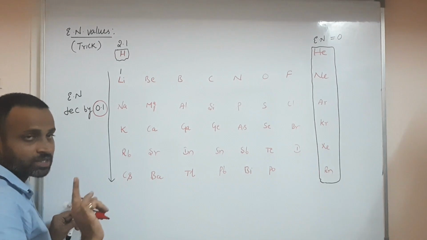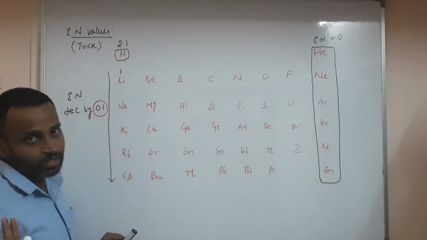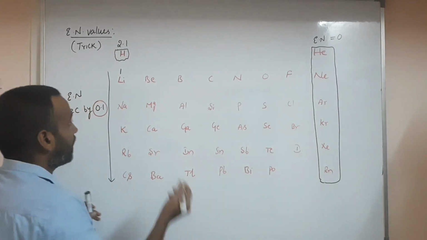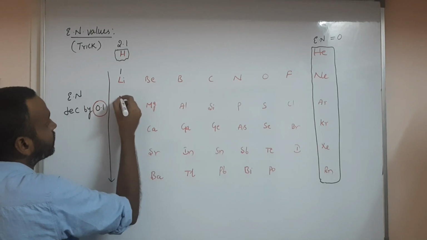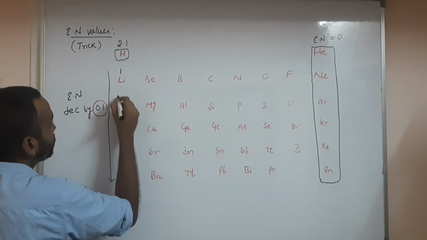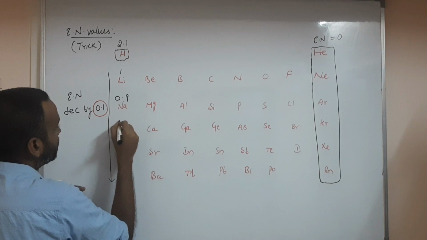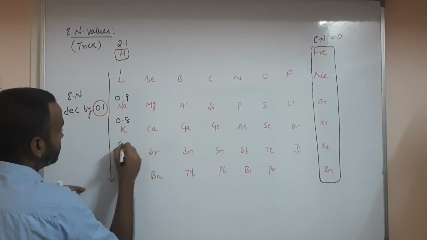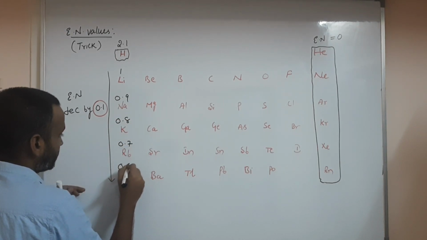You have to remember this first. Hydrogen is 2.1, the reference atom, and lithium is 1. Sodium is 0.9, then 0.8, 0.7 and 0.6.